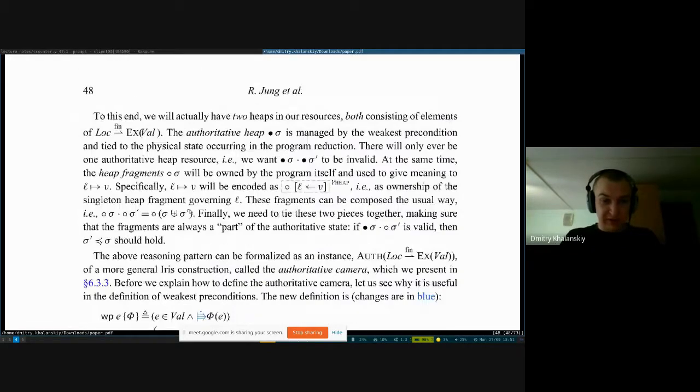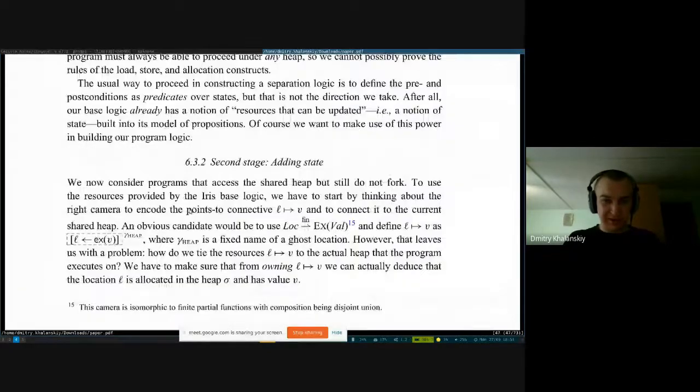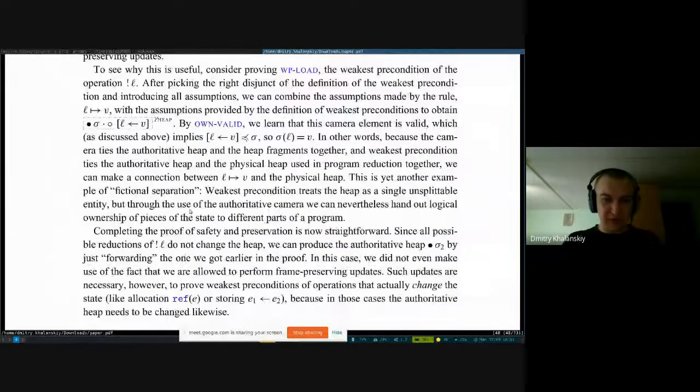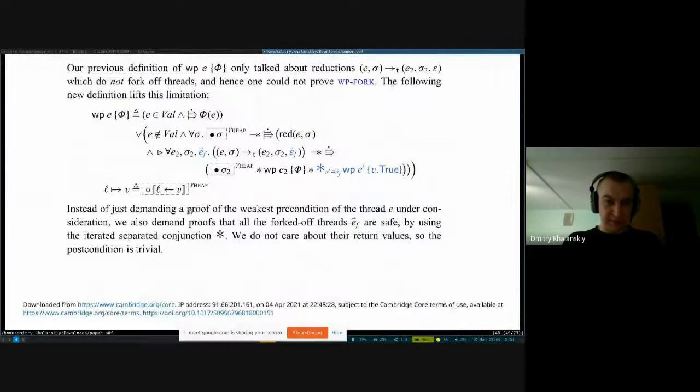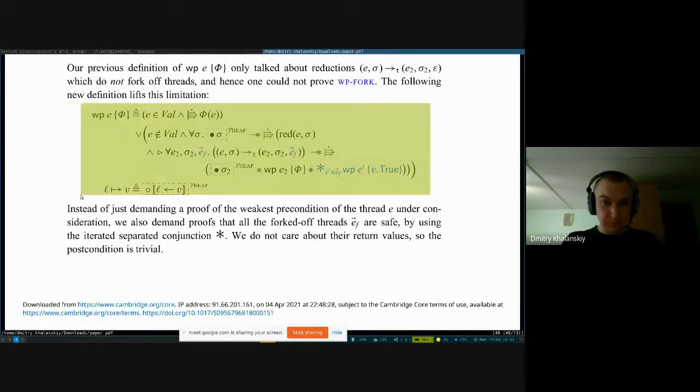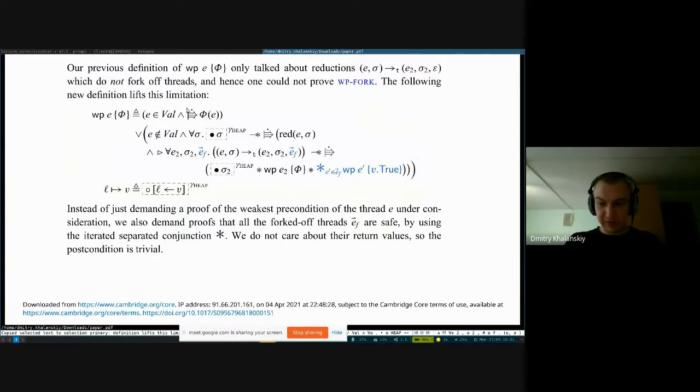This notion is heavily simplified as opposed to the actual notion of the weakest precondition, which looks like this. It has this new modality that I didn't discuss, so we can't really hope to understand this in full. But here we can see that the heap is not really some magical thing.